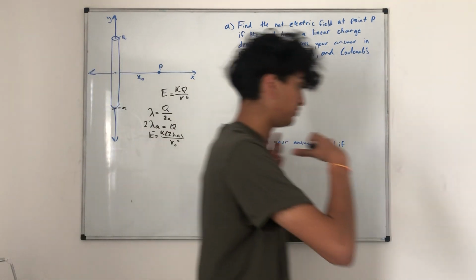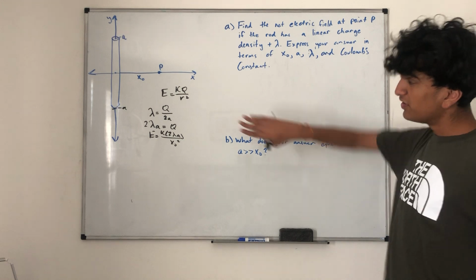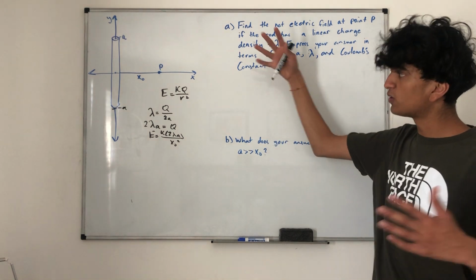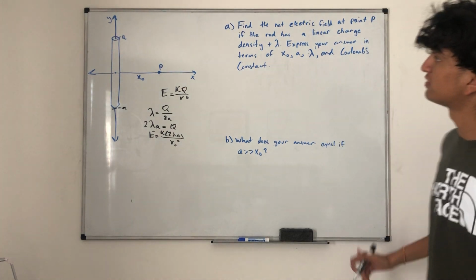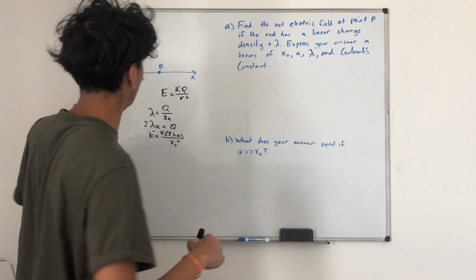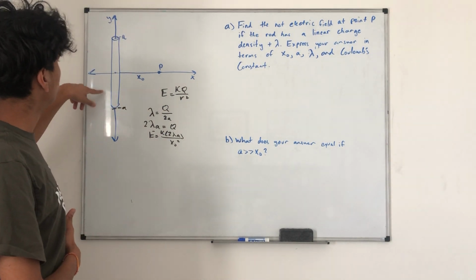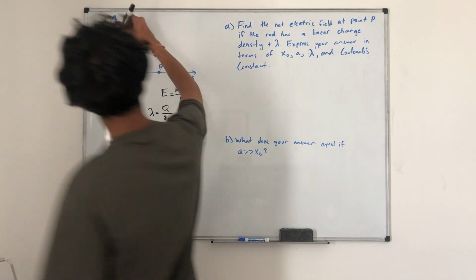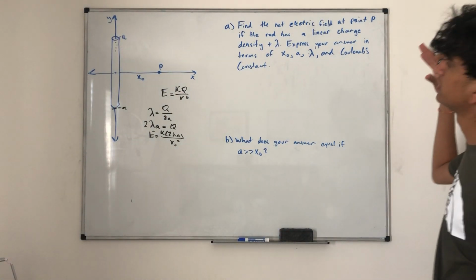You might be tempted to say that's your answer, but this equation, Coulomb's law for electric field, only really applies to point charges. In reality, what's going on is that there are a bunch of little point charges all over the rod, because it's uniformly distributed.